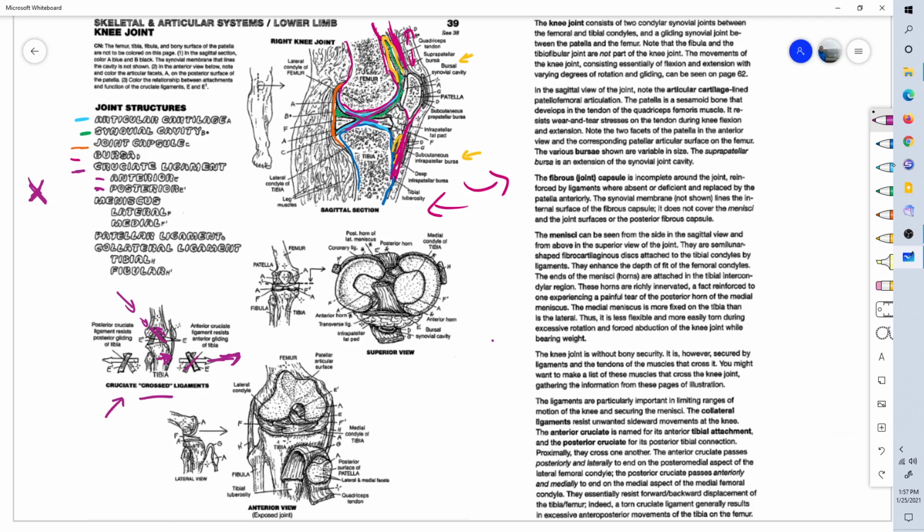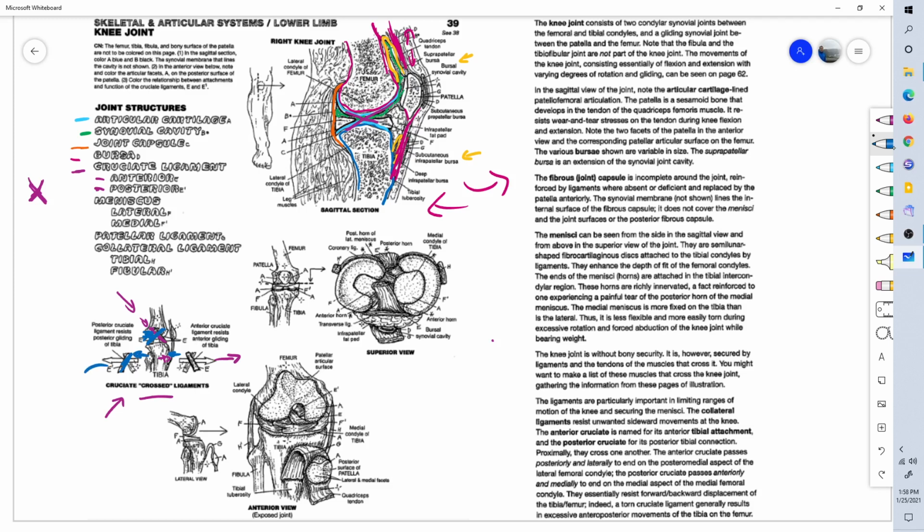And there's an opposite ligament as well, and it is called the posterior cruciate ligament. And what do you think the posterior cruciate ligament does? Well, of course, it resists posterior translation or gliding. The posterior cruciate ligament right here prevents, if somebody kicks you in the front of the knee and it pushes that knee backward, the posterior cruciate ligament is going to pull and say, no, I'm not going to let that happen.